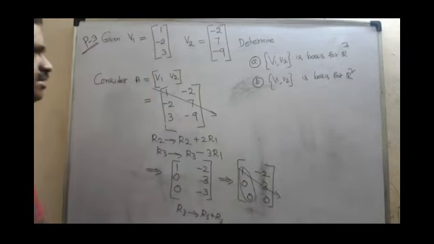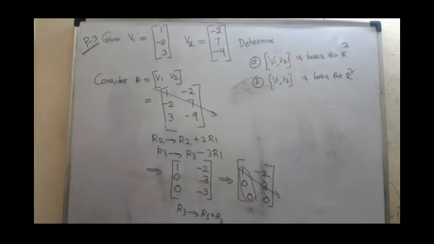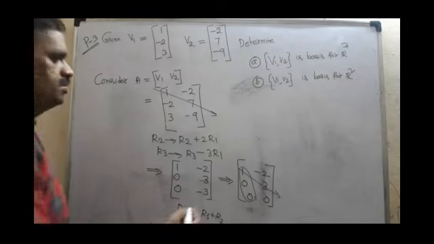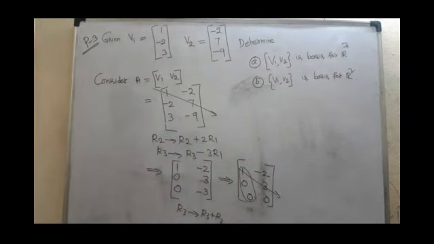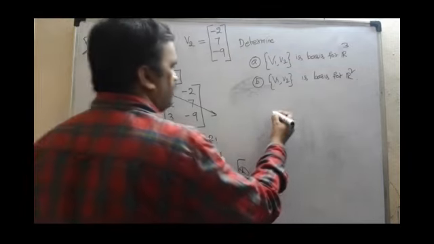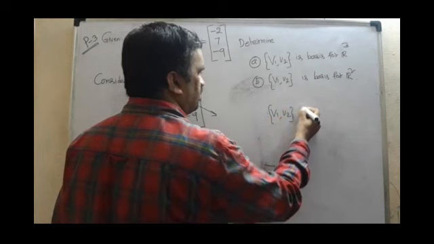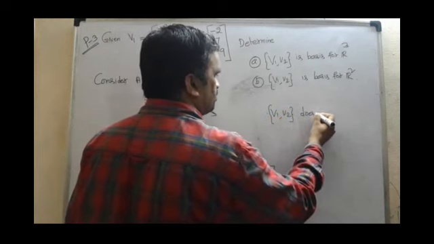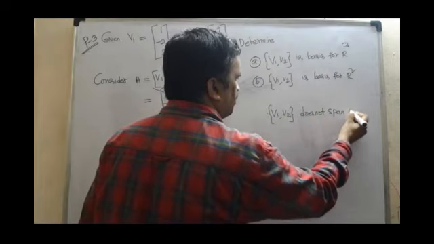But the question is asking whether V1 V2 is a basis. No, V1 V2 is not a basis, or simply I can say V1 V2 does not span. Therefore we got only one pivot column. So simply I can say V1 V2 does not span R cube.